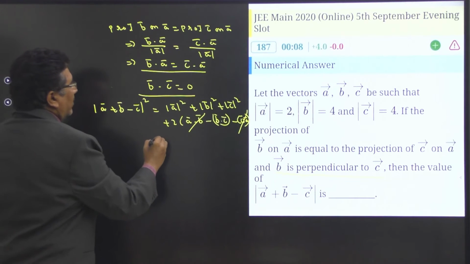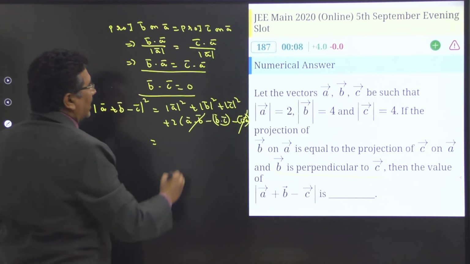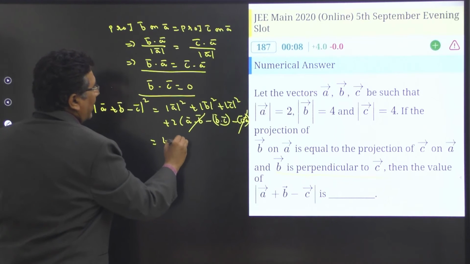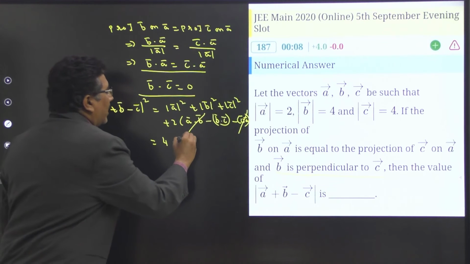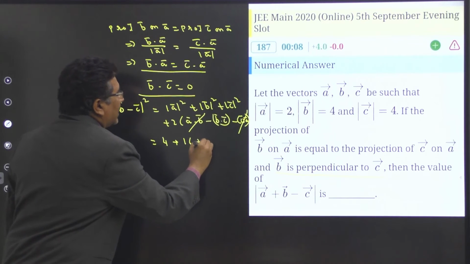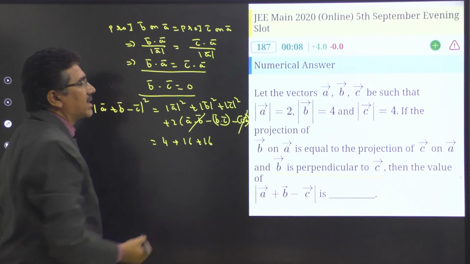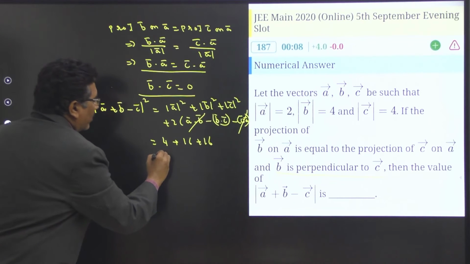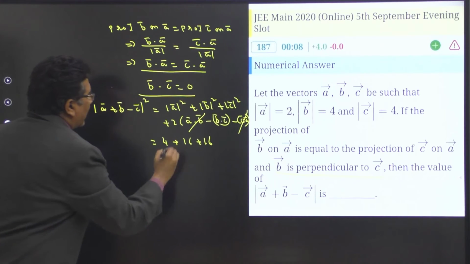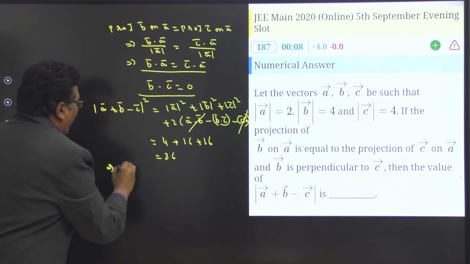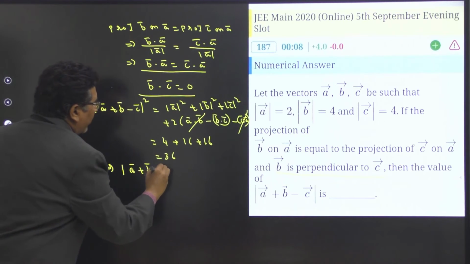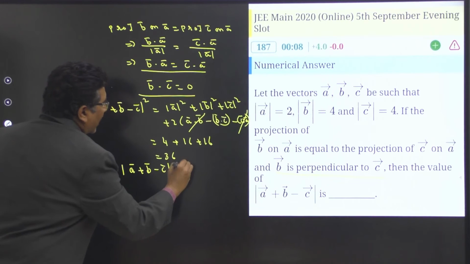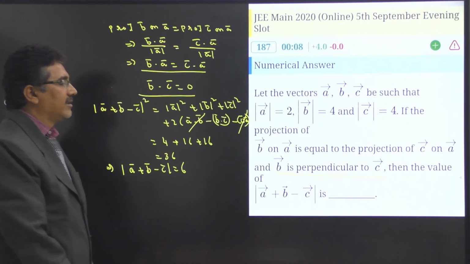That is equal to mod a bar square, that is 4, mod b bar square, that is 16, mod c bar square, that is also 16, so the total is 36. That implies the magnitude of the required vector a bar plus b bar minus c bar is equal to 6.